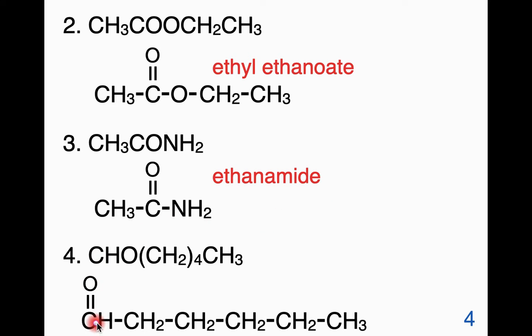So the carbon would have to have a double bonded oxygen at the end to have its 4 bonds, and then the 4 CH2s is just a part of the parent chain. So hexanal.